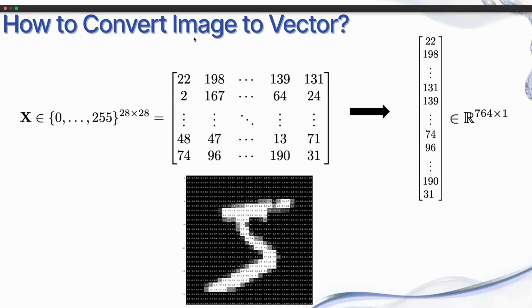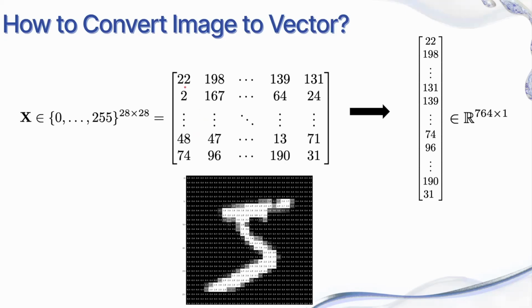Each row represents a row of the image, and there's 28 rows by 28 columns.